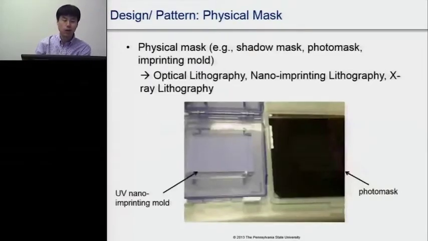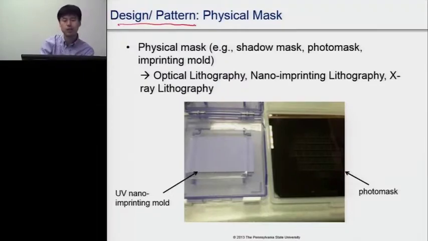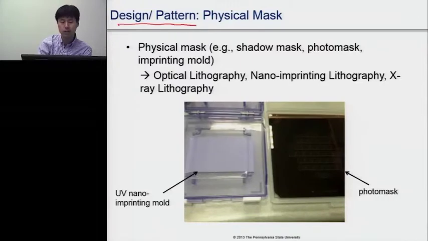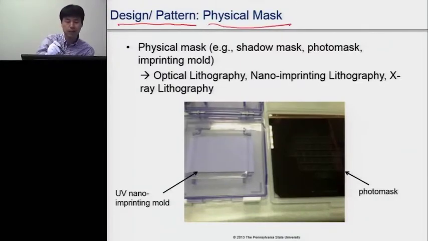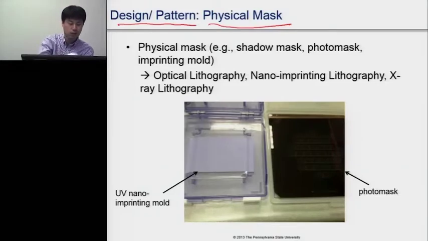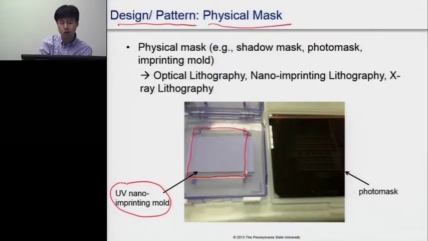So let's talk about the design and pattern. The first form of the pattern is a physical mask. As you can see in the picture, this one is a UV nanoimprint mold. It's very hard to see because this entire square is made out of quartz, which is very transparent.